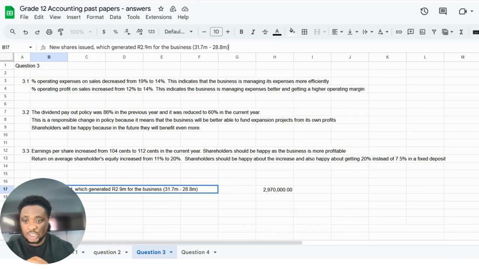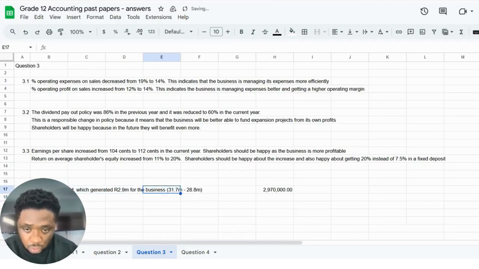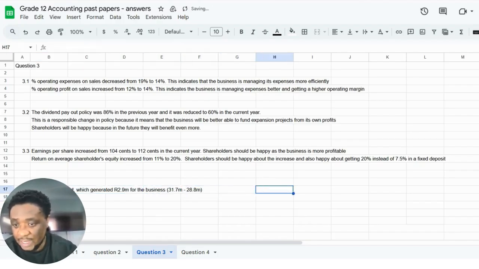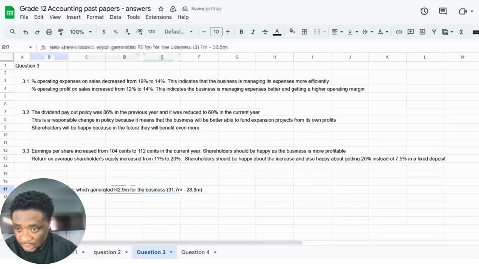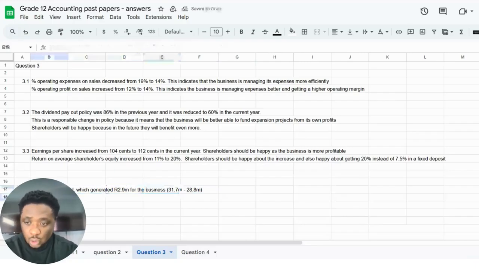So new shares, that's source one. The fact that you identified that there were new shares issued, that's one mark. And then the second mark comes from providing the number in the calculation. So there we got the 2.9 million.